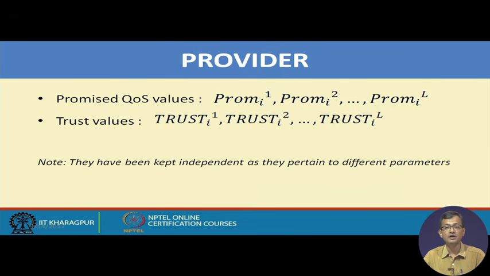Based on that, we can have different trust in those things. The trust can be on the overall provider, or I can even have trust on different parameters, like availability. I say that based on experience, my trust on a particular provider is something like, on a 0 to 1 scale, a trust value of 0.8, and so forth, right.